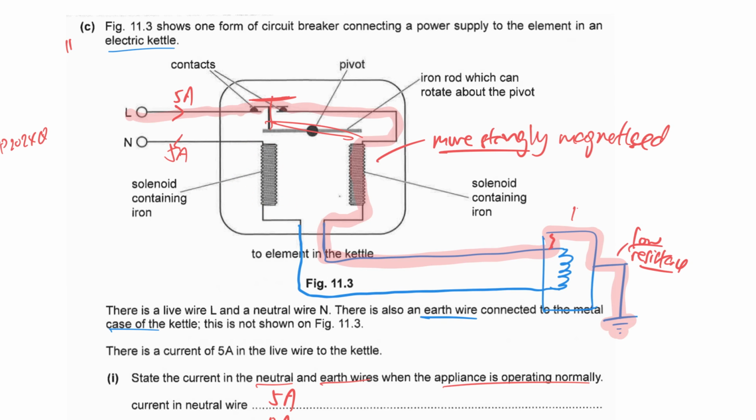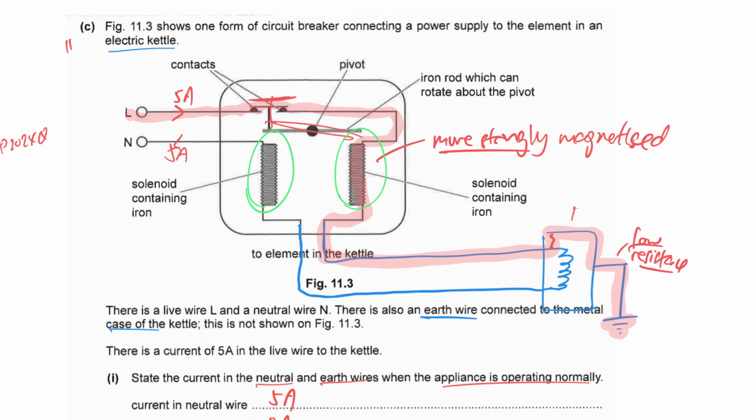Now, the last thing that I want to talk about is not asked in the question, but if everything is working fine and the question asks you the number of turns on the left solenoid and the right solenoid, which one will be the higher number?